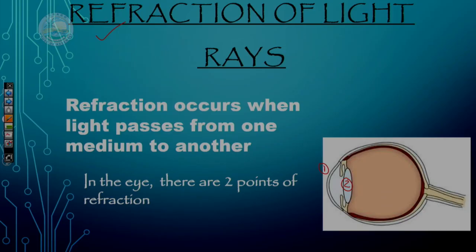Remember, the lens is controlled by the suspensory ligaments here and the ciliary muscle and the ciliary body there. So by adjusting what's going on with those muscles and ligaments, you can adjust the lens. It is an involuntary process, but the lens of the eyes can be adjusted, and that is going to affect how much the light bends into the eye.